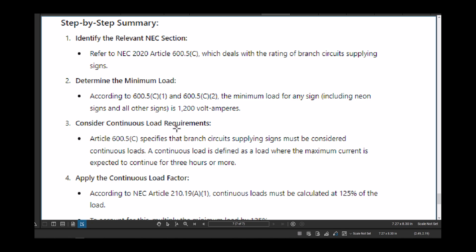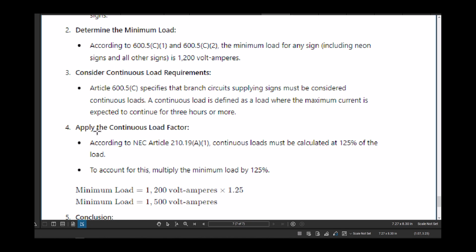Consider the continuous load requirement. It says article 605C specified that branch circuits supplying signs must be considered continuous load. A continuous load is defined as a load where the maximum current is expected to continue for 3 hours or more. And 4, apply the continuous load.